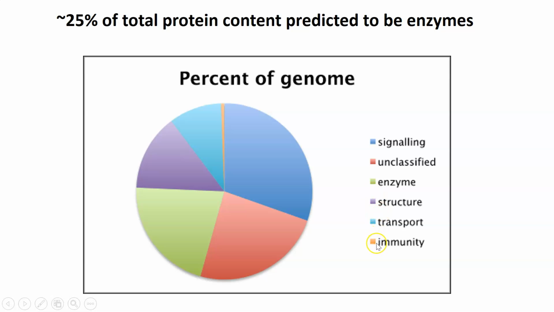We know how important immunity is, but look how much of the DNA codes for immunity-specific proteins. Very small compared to, say, enzymes. So we can say confidently that enzymes are extremely important.